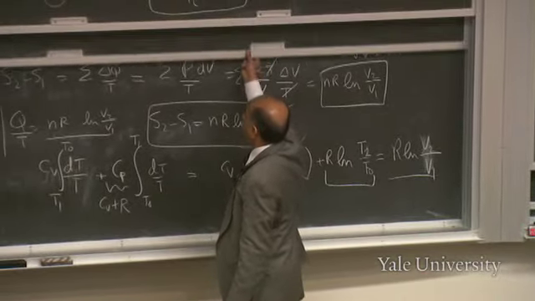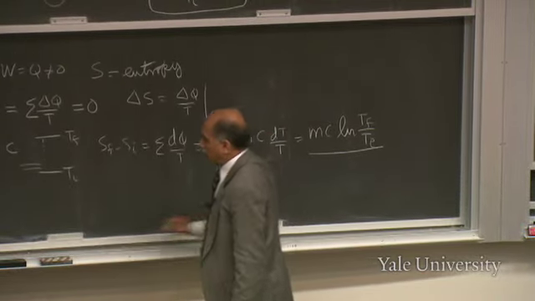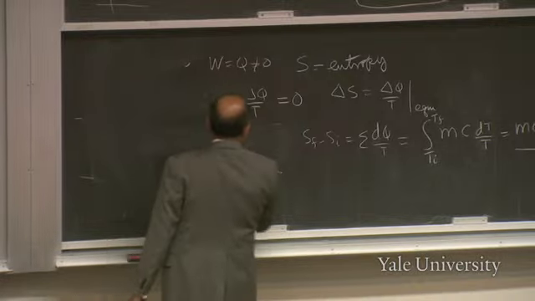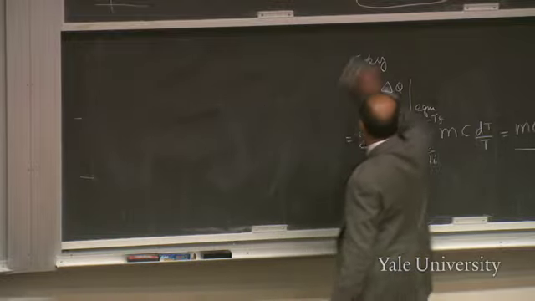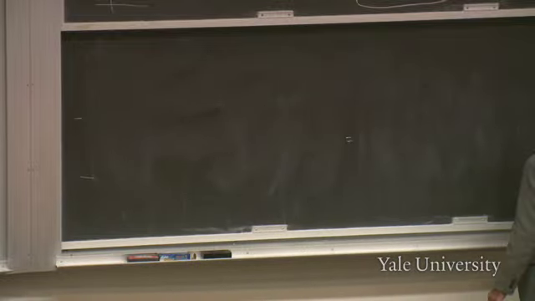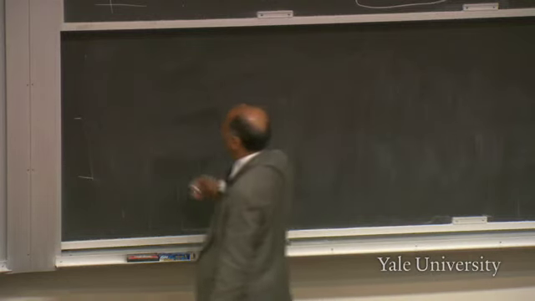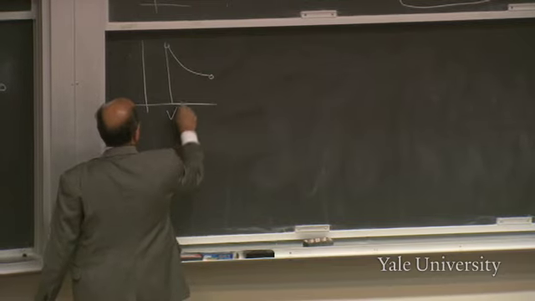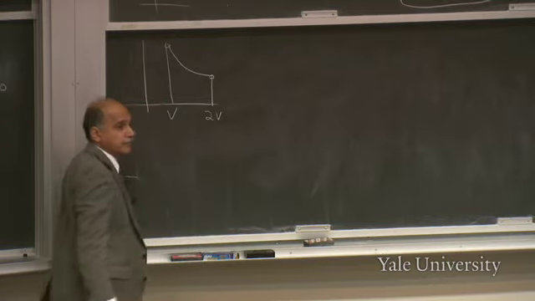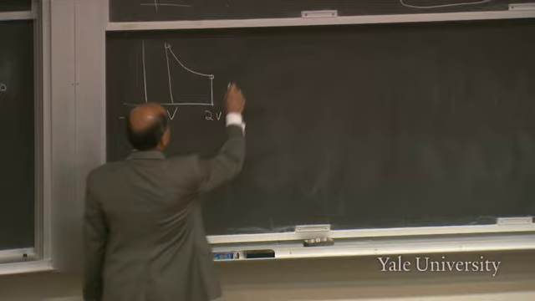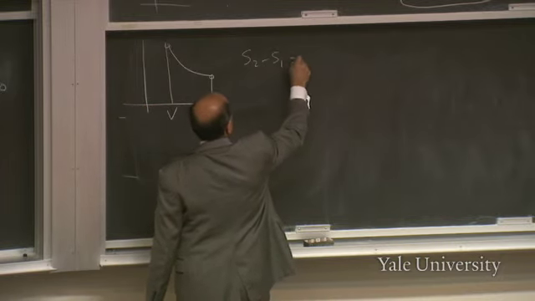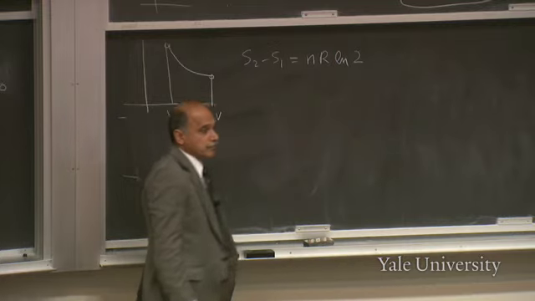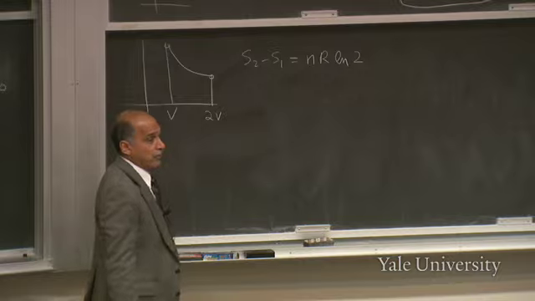All right, now the last point is let's analyze this final formula I got for entropy change for free expansion of a gas. Let's take a simple case where the gas expanded from some volume V to volume 2 times V. What is S2 minus S1? S2 minus S1 is N R log 2. 2 happens to be V2 over V1.